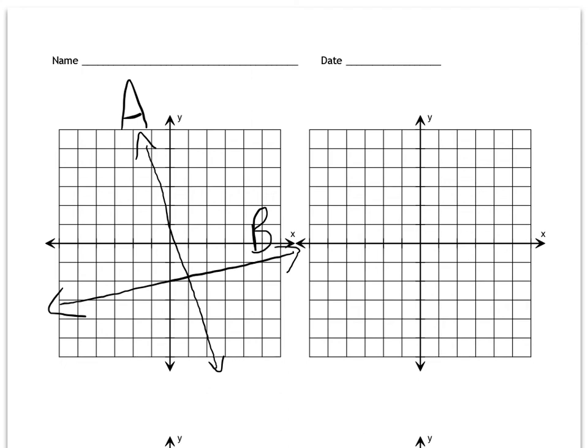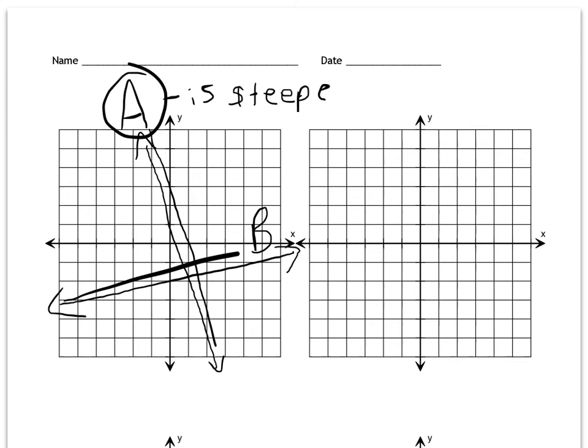Which line is steeper? Meaning, which line would you get going fastest on if you went sledding down it? And the answer to that one is clearly A, right? If you sledded down this one, you would get going extremely fast compared to line B. Okay? So I want you in your notes to write A is steeper.